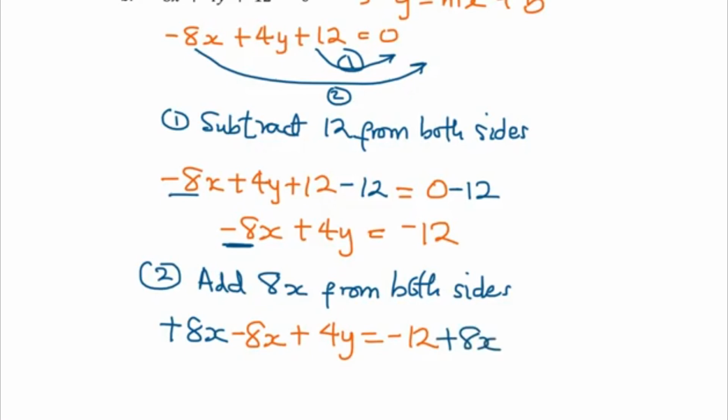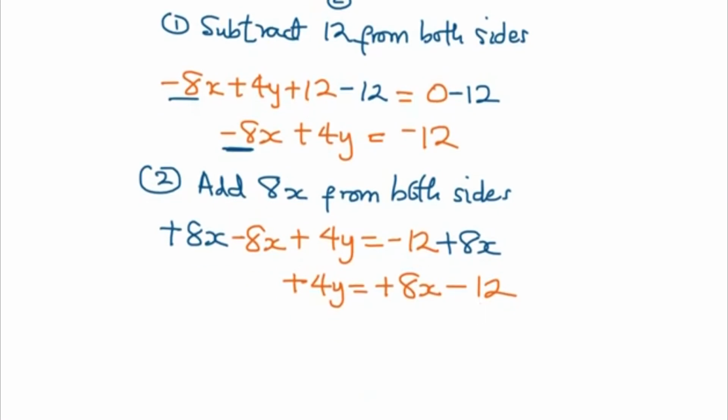So in here what we have as a result is positive 8x minus 8x gives us 0. What we're left with here is 4y is equal to positive 8x, which is rewritten as that, and negative 12. So in here we have our y with a coefficient which in this case is positive 4.